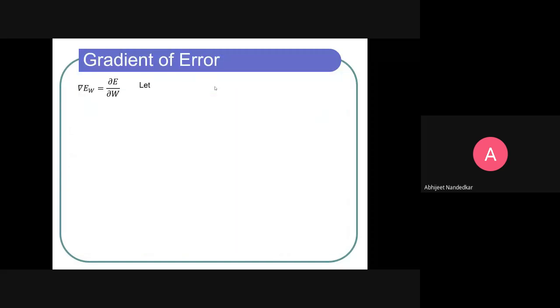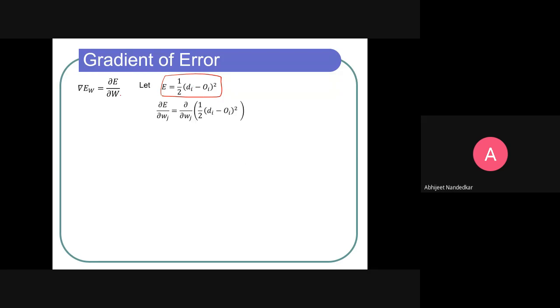Now for that we have defined the error for a single neuron. This was the error for a single neuron, that is, the desired response minus the output, squared. So it's a squared error. We have used as the measure of error the difference between the desired response and the output, squared.